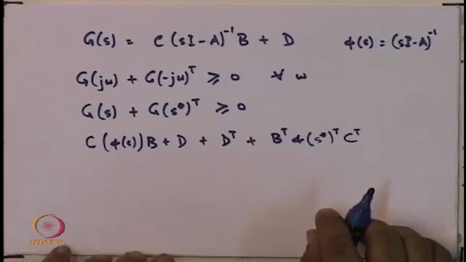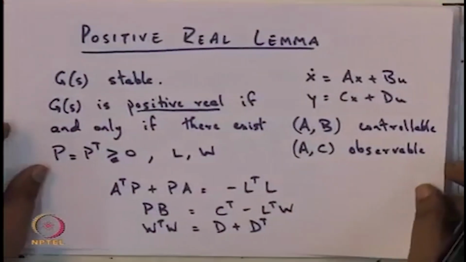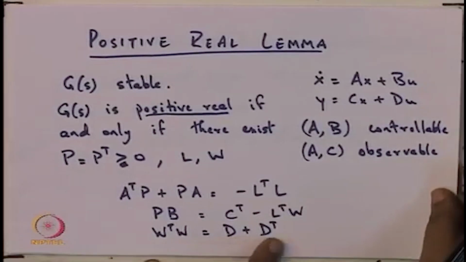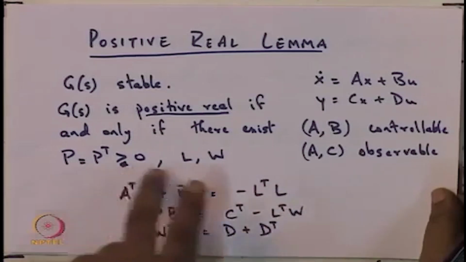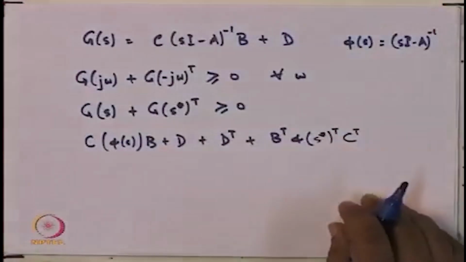And now what I will do is I will make use of some equations that we already have in the positive real lemma. In the positive real lemma we see that D plus D transpose is W transpose W, and we are assuming these things are satisfied. So, for D plus D transpose I will substitute W transpose W.